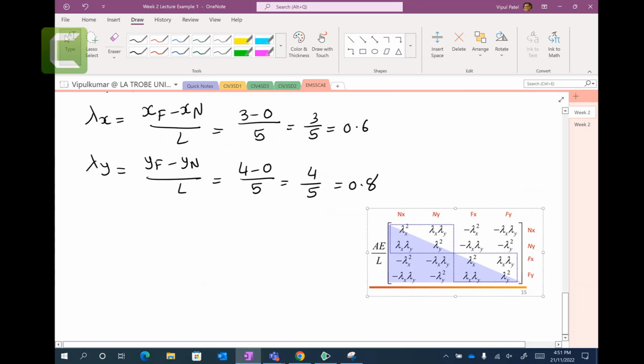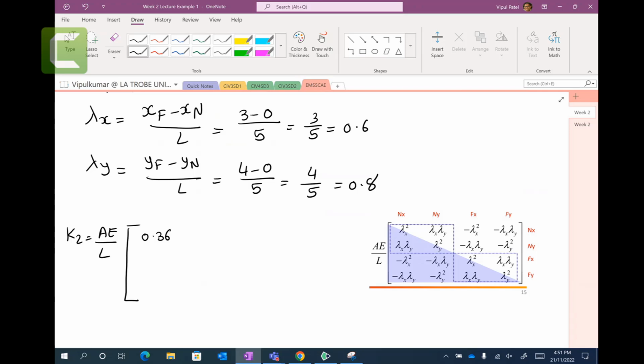All right, now let's say K2 is equal to AE on L, times lambda x square, 0.6 square, meaning 0.36. Let me get my calculator close so I know what I'm doing. 0.6 square, 0.36, correct. Lambda x times lambda y, 0.6 times 0.8, 0.48.